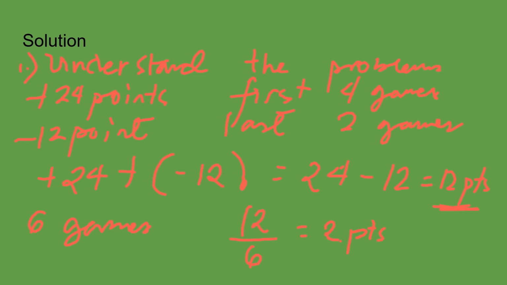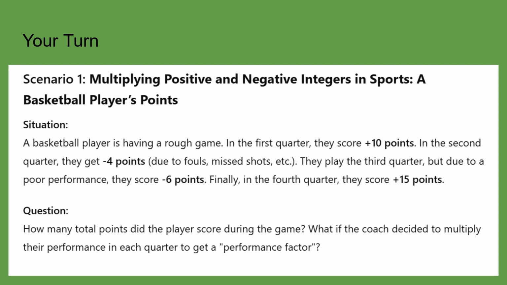That means that on average, the team actually gained 2 points per game over the 6 games. Okay? I hope you understand that explanation. All right, now your turn.